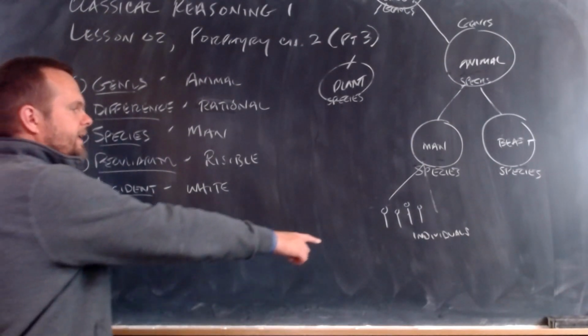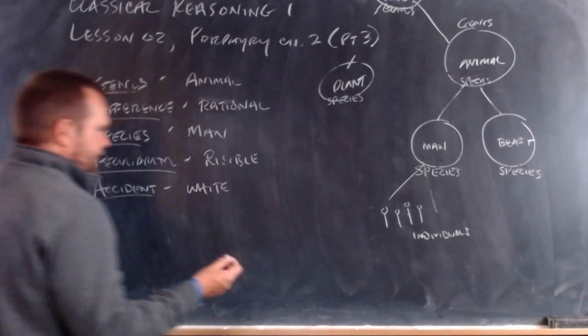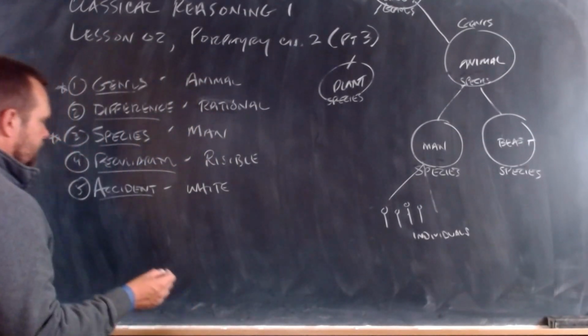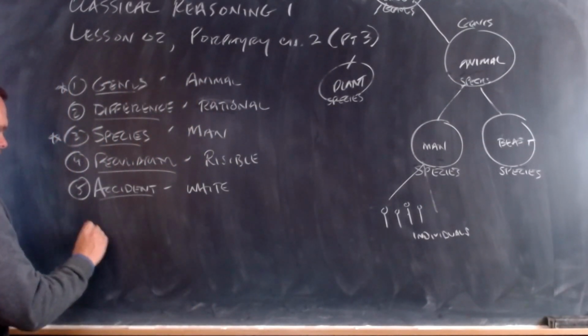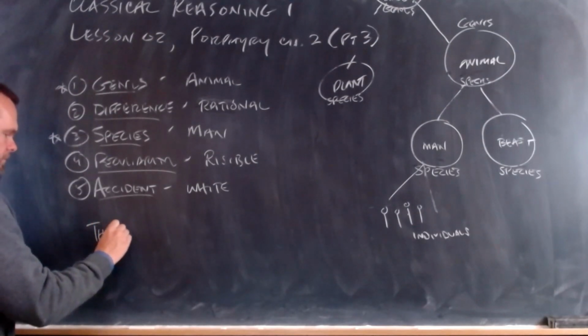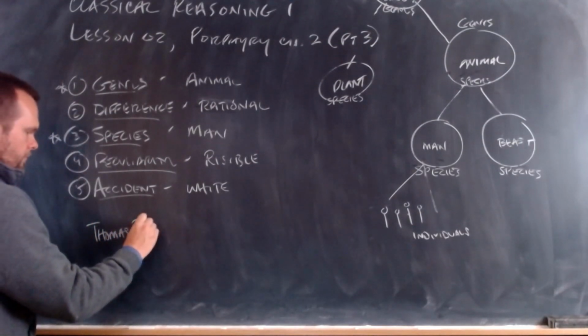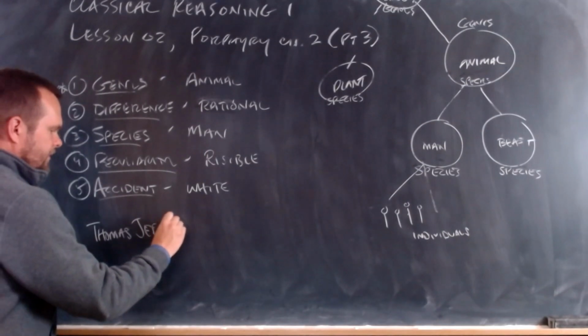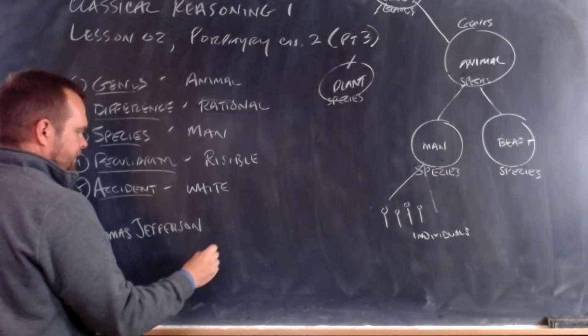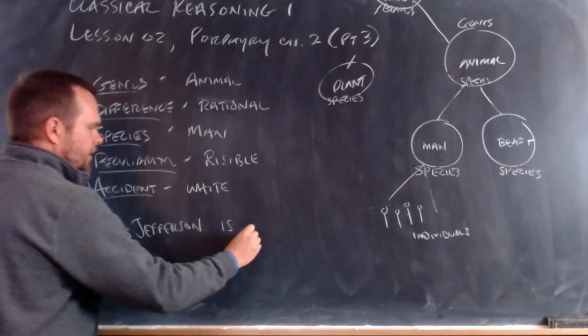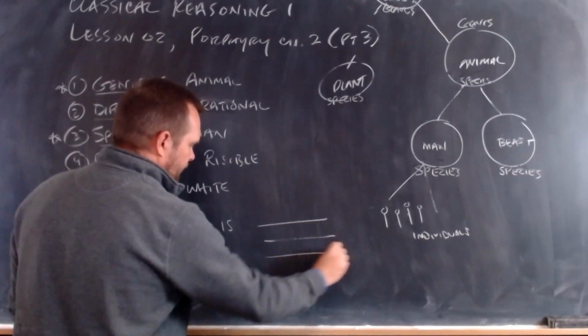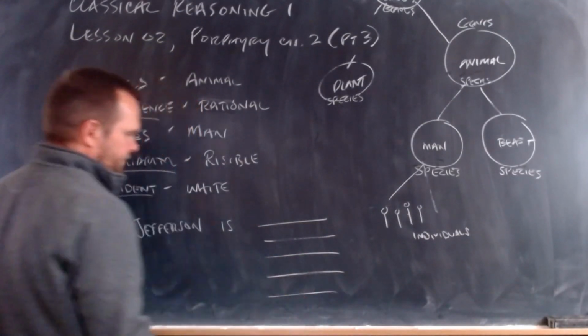If we were to take an individual man, and we'll say Thomas Jefferson, okay? I'll just pick a random individual. Remember, I wrote this in our first lessons. I said Thomas Jefferson is blank, blank, blank, blank, blank.